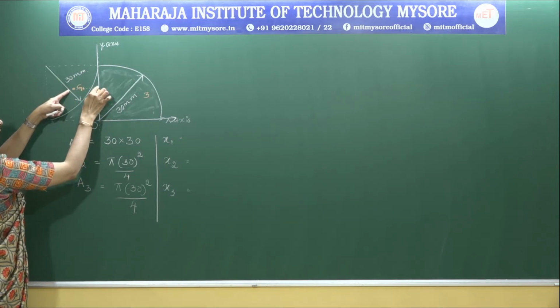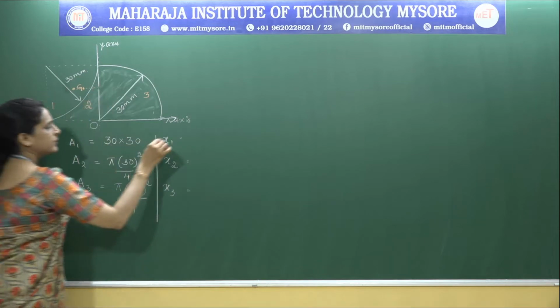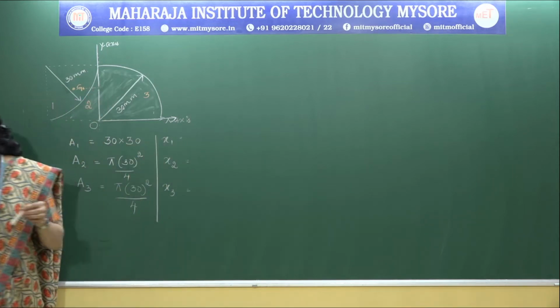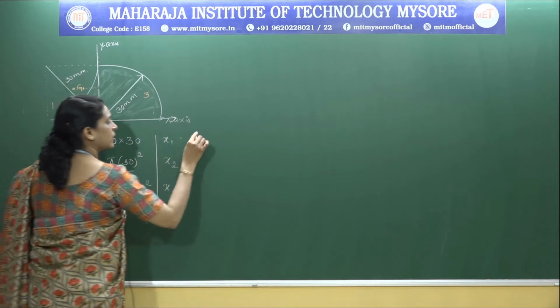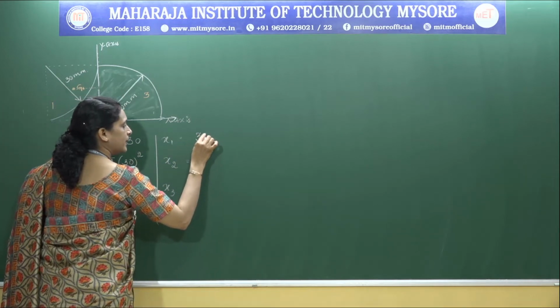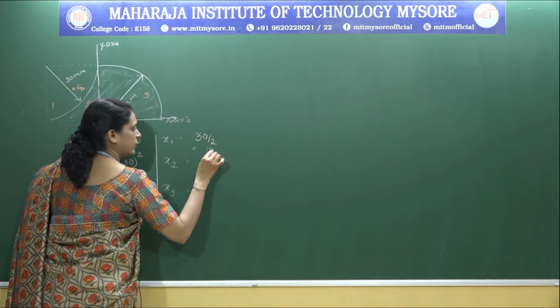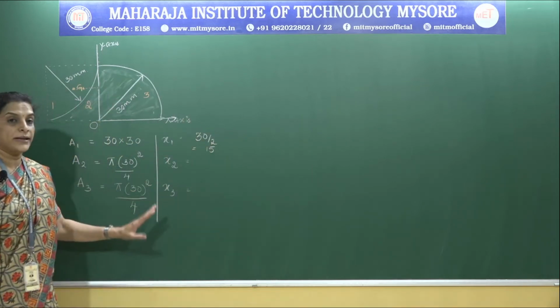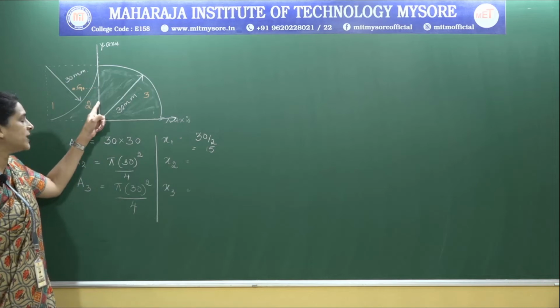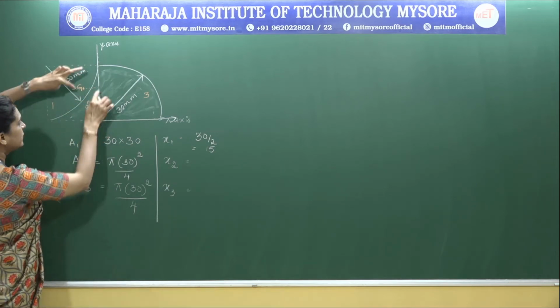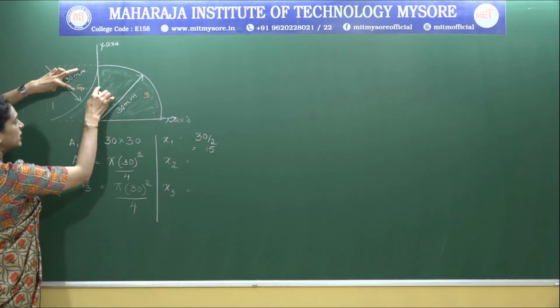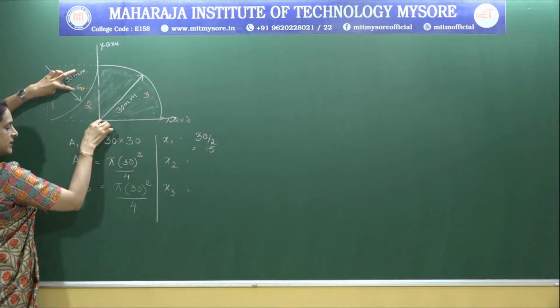So we'll have to write that as 30 by 2. So it is 15. But we'll have to see that we have this point to the left of the axis.